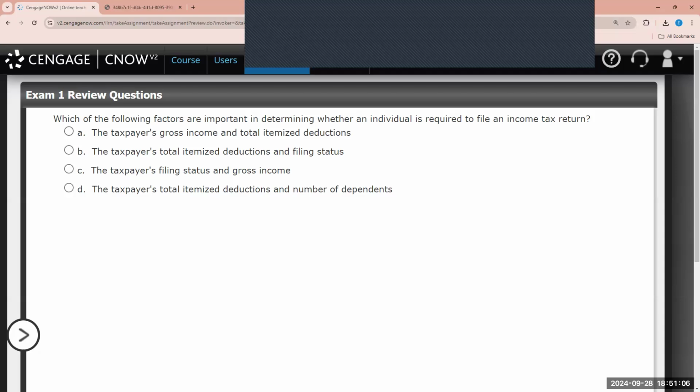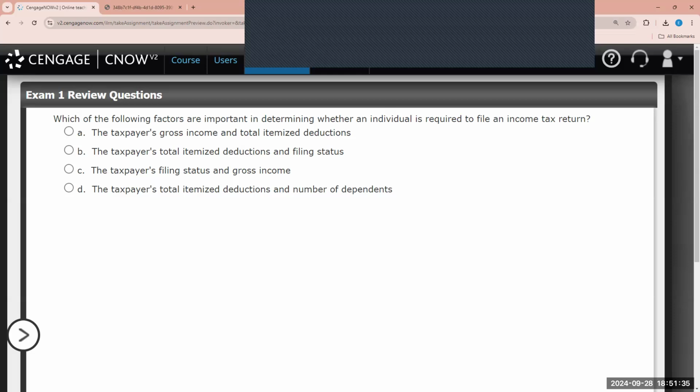All right, here it asks, which of the following factors are important in determining whether an individual is required to file an income tax return? All right, so one of the key things that determines if an individual needs to file a tax return is the taxpayer's filing status as well as their gross income, right? So that's one of the key things. You need to determine, does this person even need to file?